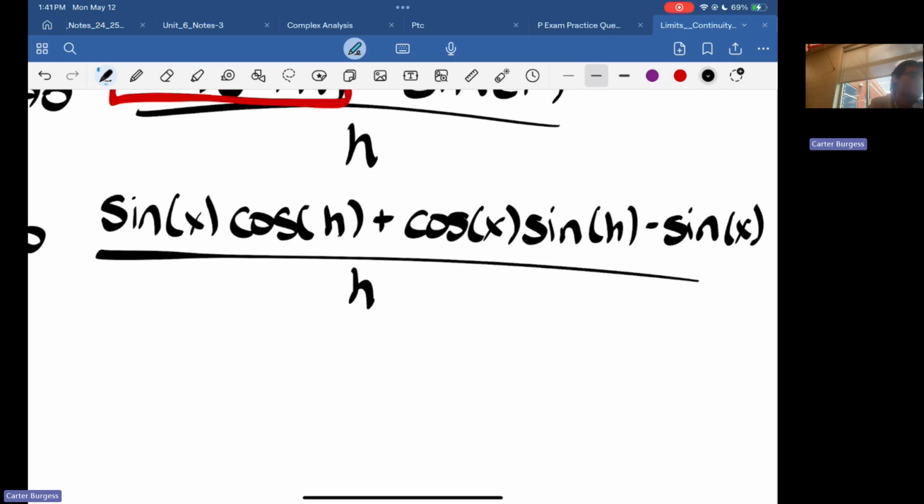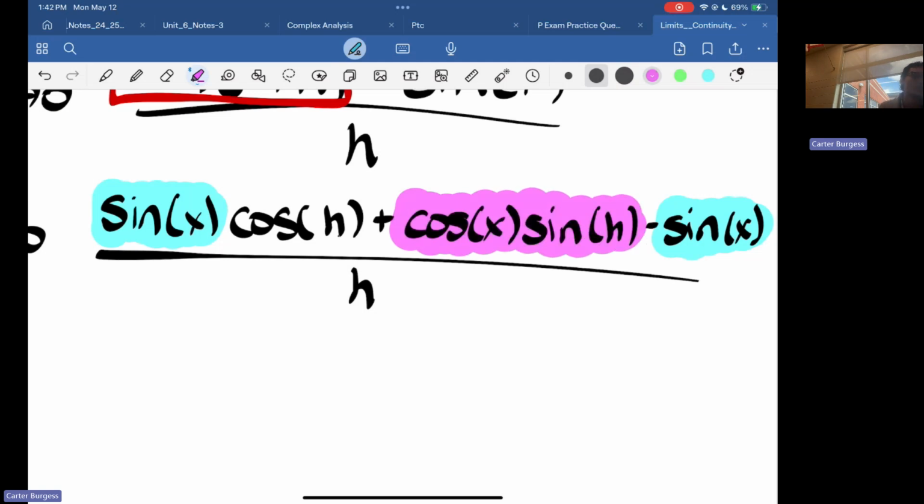Sine of x is showing up a couple of times here. Okay, that's interesting. So we've got this sine of x term over here. We have this sine of x term over here. Last time I just factored it out to the front. Can I do the same thing here? Not really, because I have this middle term of cosine of x sine of h, which doesn't have a sine of x in it. All right, so that's making things a little bit annoying.